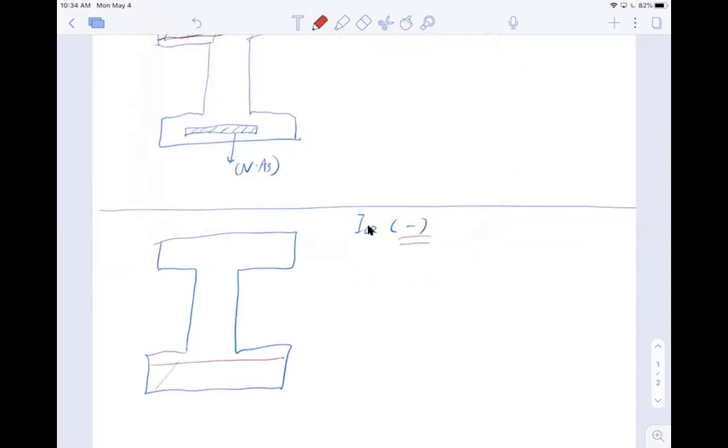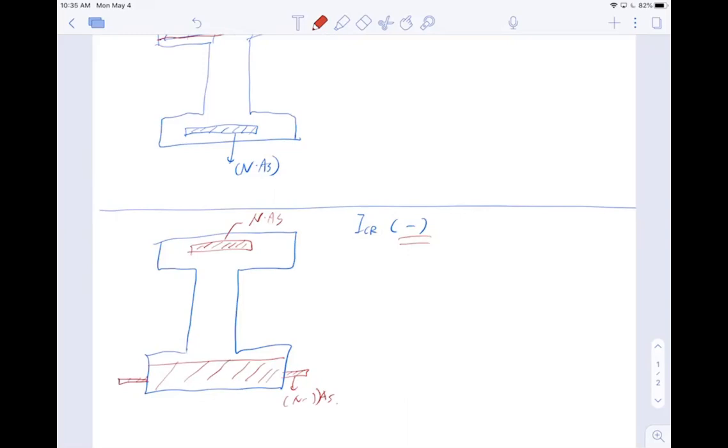So somewhere here will be the compressive zone, and then you convert the steel to concrete by N minus 1 AS. Here will be the top bar, but now in tension, and this is N AS. You flip the section and calculate the moment of inertia this way.